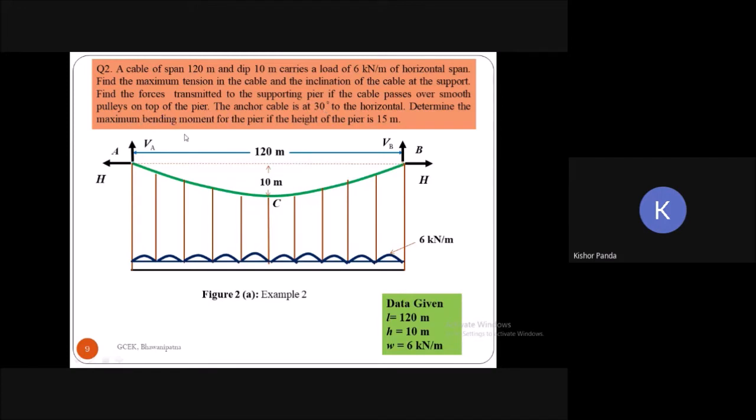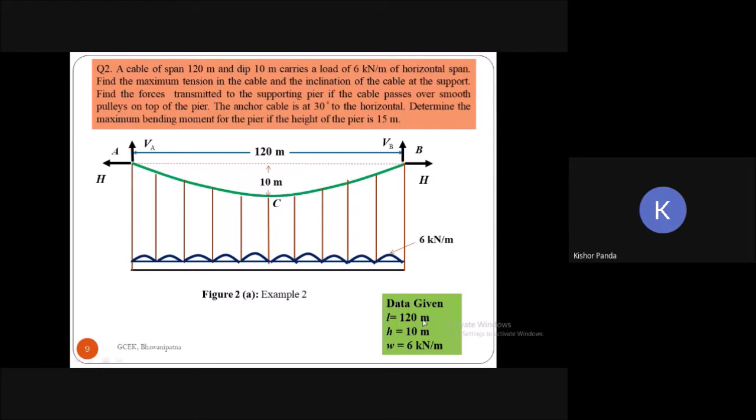On the top of the pier there is a pulley and the cable is passing over the pulley. So you have to find out the forces acting on the pier, and also the bending moment at the bottom of the pier. The height of the pier is given as 15 meters.